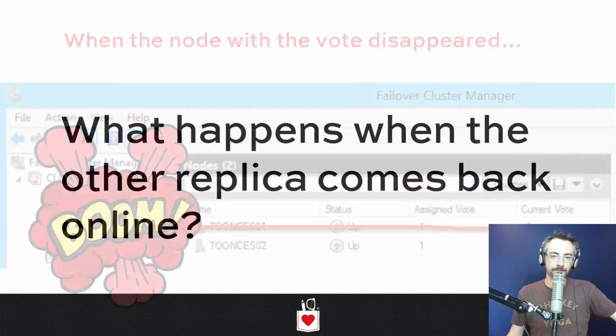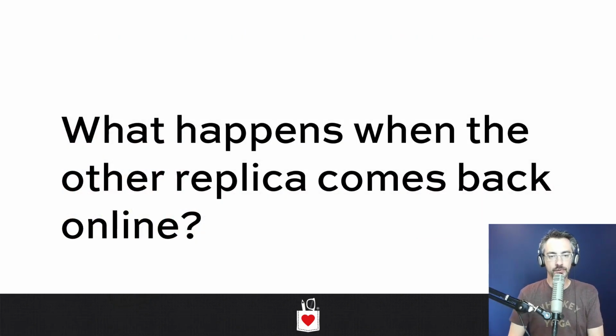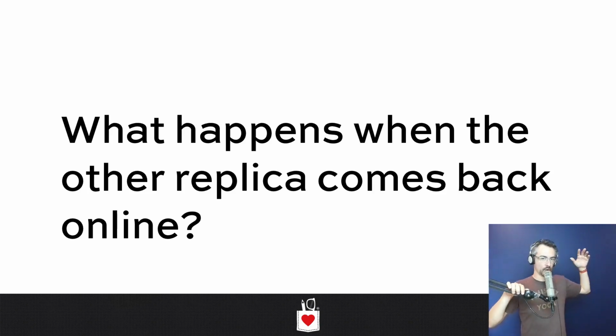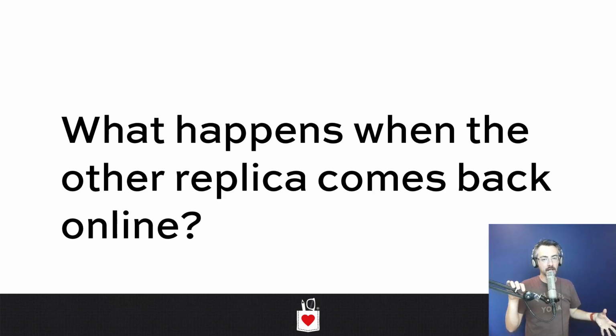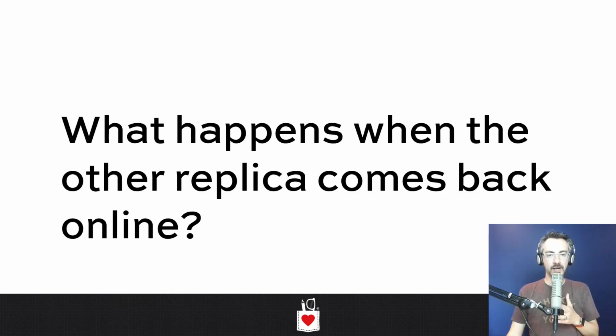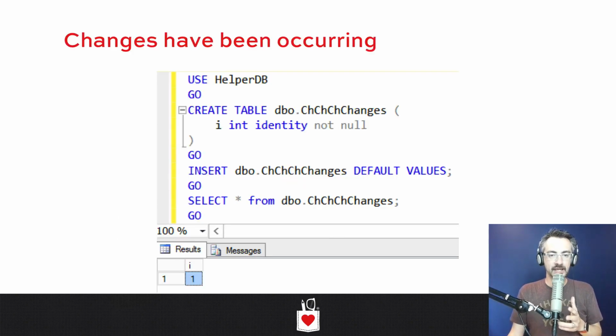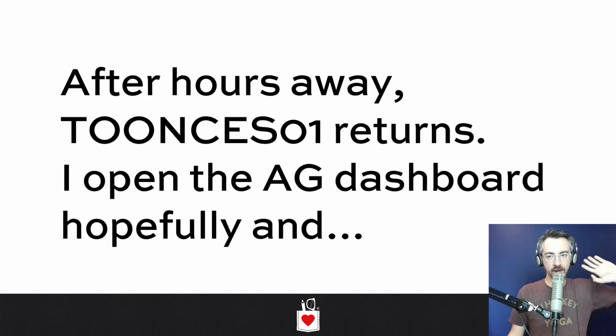All right, we got far enough in here. Eventually we're going to go troubleshoot ToonSys01. We're going to fix his broken Windows, his network adapter, whatever it was that caused him to blue screen of death. We're going to resuscitate him, bring him back to life. And then when he comes back up, in theory, he's supposed to automatically pull all of the changes from ToonSys02. See, I've been away for hours.